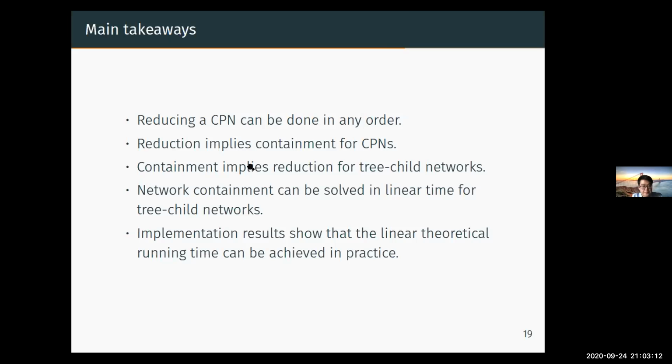For cherry-picking networks, if a sequence for the first network also reduces the second network, then the second network is contained in the first network. The converse is not true, unfortunately, but it is true if you restrict to the space of tree-child networks.